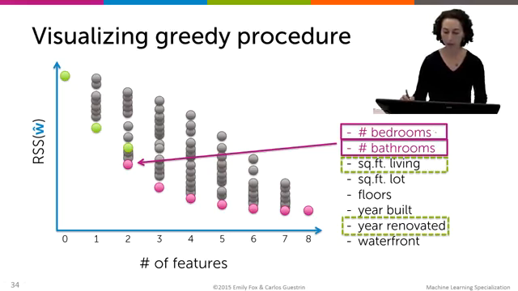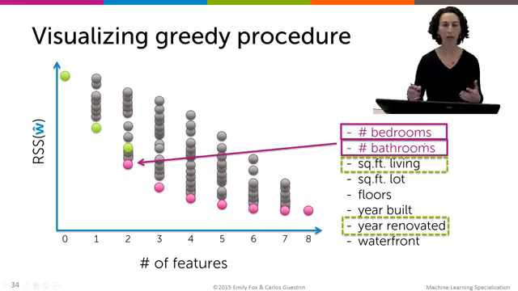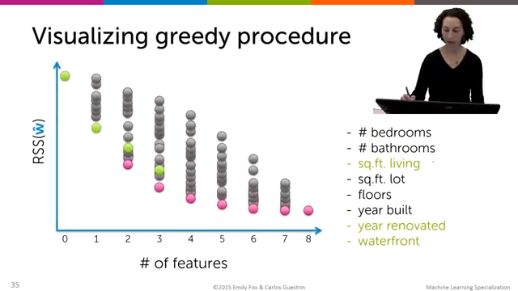But as we described before, it might be reasonable to think that the best model with just 2 features was number of bedrooms and number of bathrooms, because those are really key attributes that people use to value whether a house is a good fit for them. Okay, well then we continue with this procedure. We already had square feet living and year renovated, and now our next feature we're going to add is waterfront, and we're going to keep going in this process.